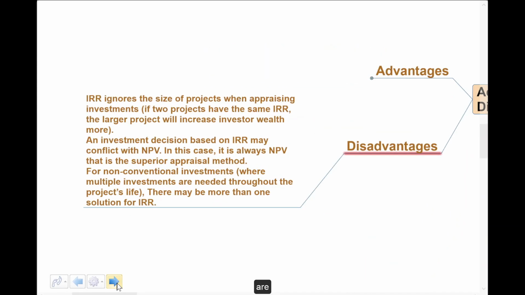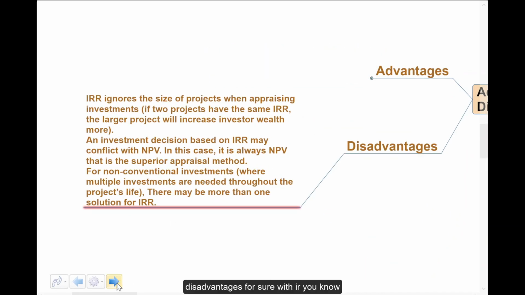But there are disadvantages for sure with IRR. Given that it's a percentage, it ignores the size of the project. In other words, we're not talking about an absolute value, an amount. Outside of that, there are some issues with IRR. There may be the case where it may conflict with NPV.